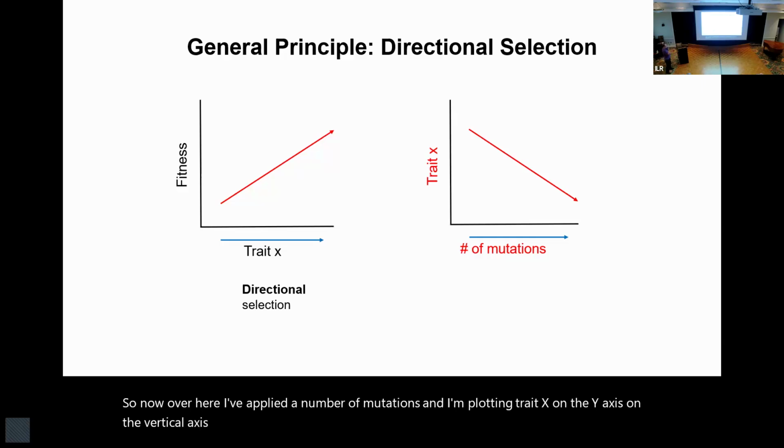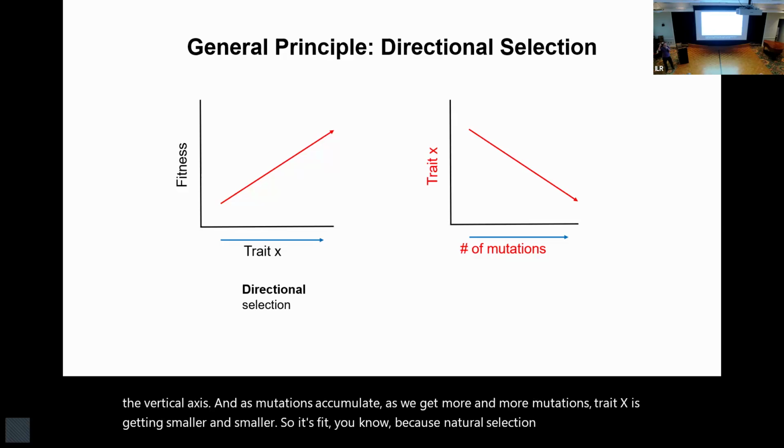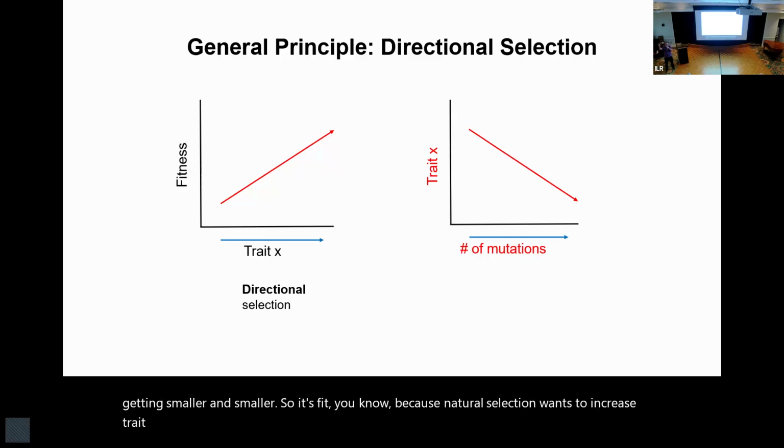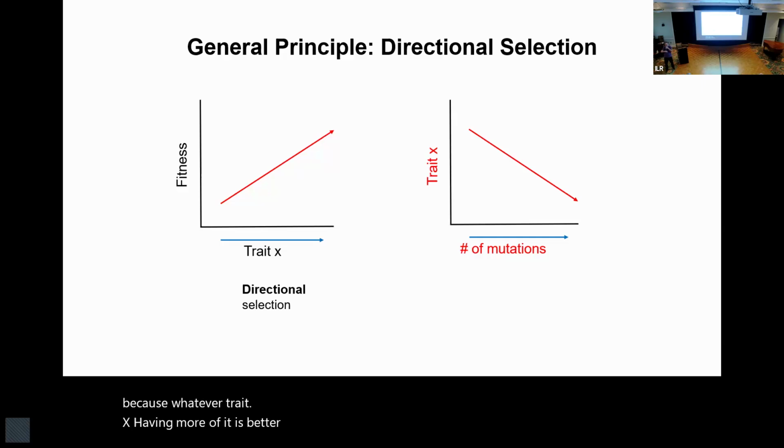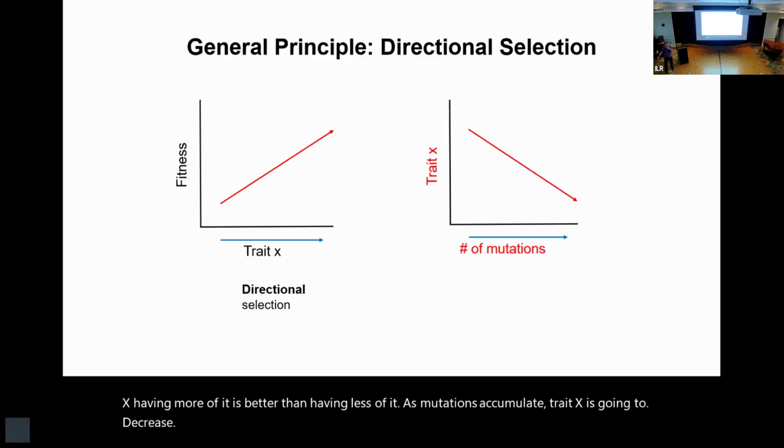As we get more and more mutations, trait X is getting smaller and smaller. Because natural selection wants to increase trait X, since having more of it is better than having less, as mutations accumulate, trait X is going to decrease. Is that logic? All right.